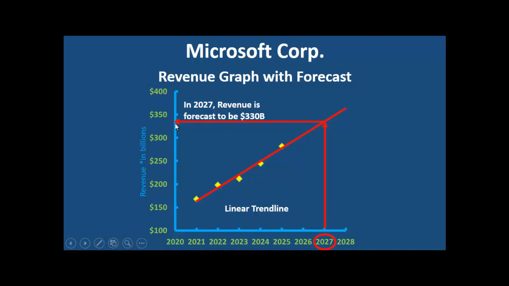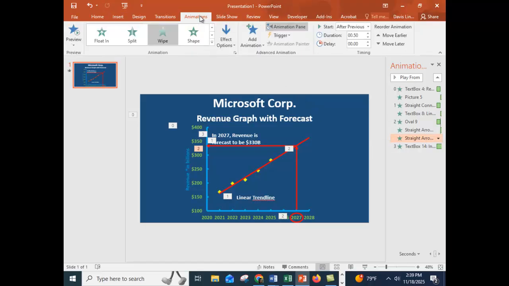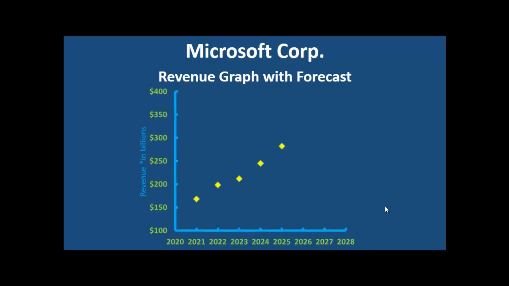I did notice one mistake. I think my last arrow wasn't in the right direction. So let me click on the arrow and change that to be, let's see if I can change that to be from right. Let's see if that fixed it. Click.